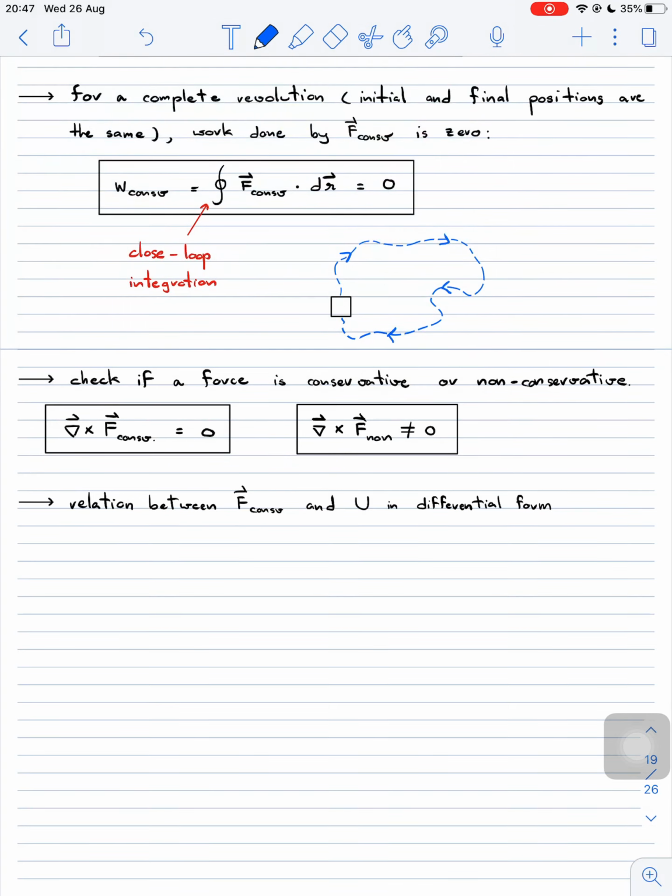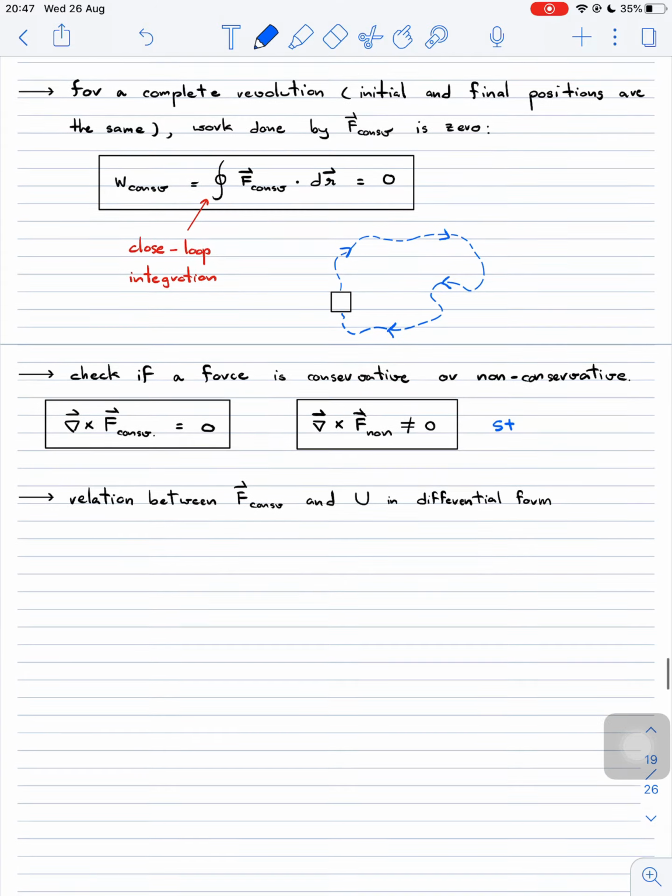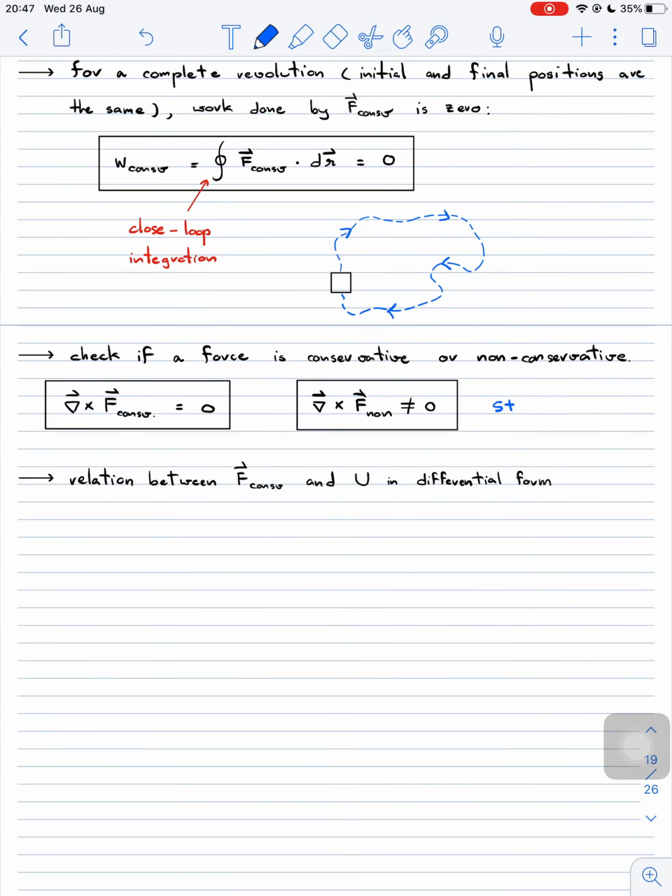The question is, where do these equations come from? The idea comes from what's called Stokes' theorem, S-T-O-K-E-S. You're going to learn this one in Math 3.